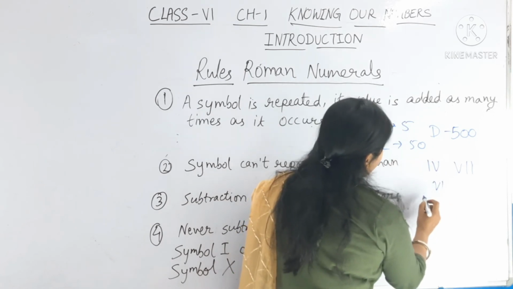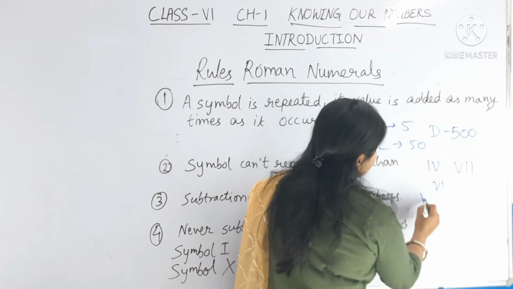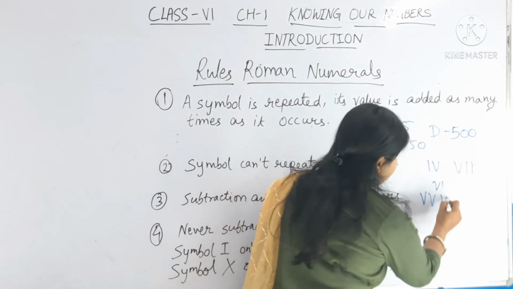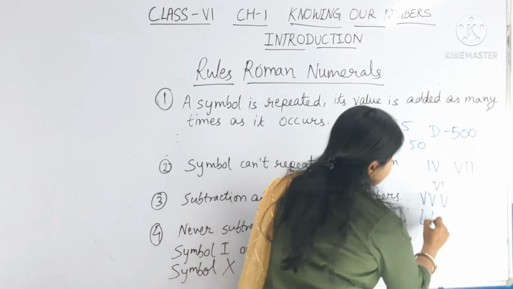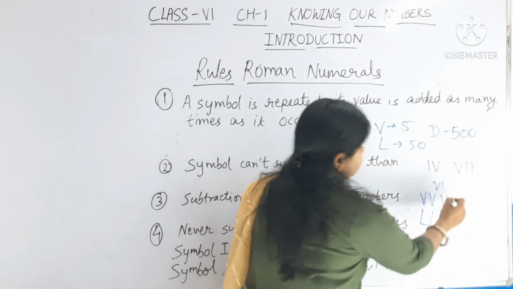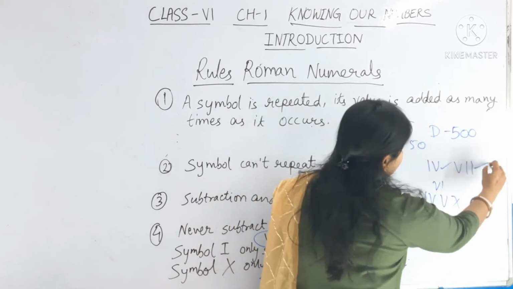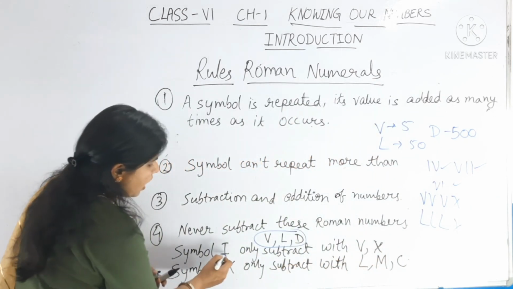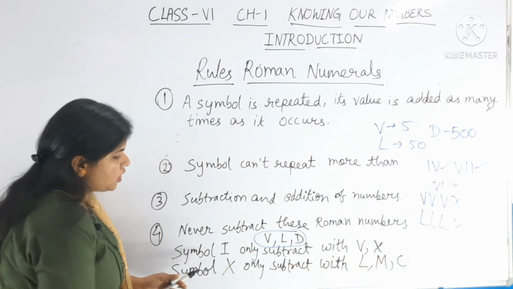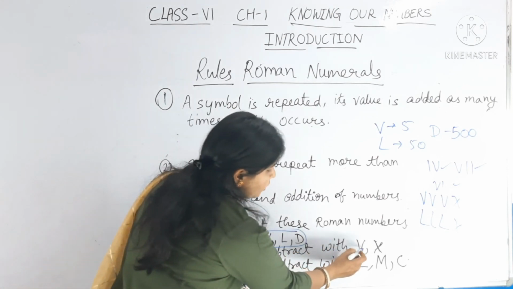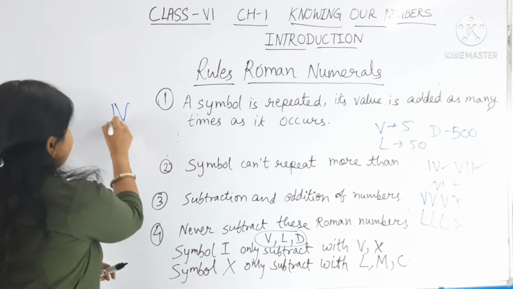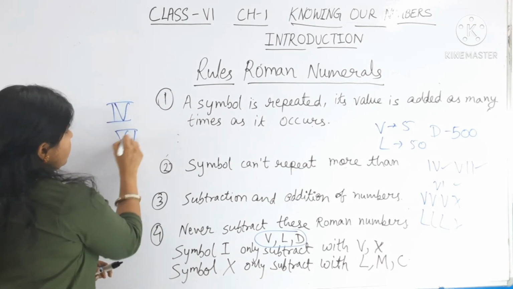But you can't write like this, you can't write like this. This is wrong, this is right. So we can see that symbol I is for 1, so only subtract with V and X. For V you can write like this or like this.